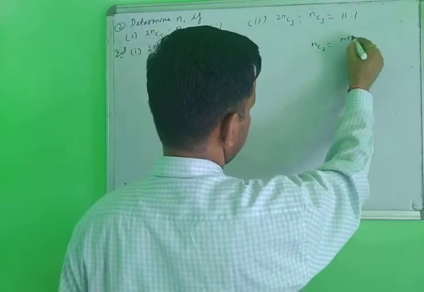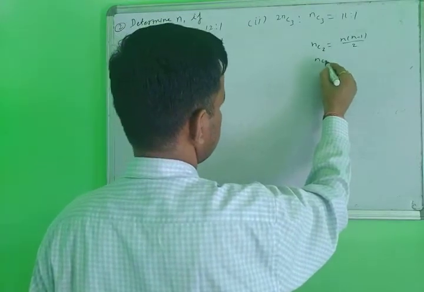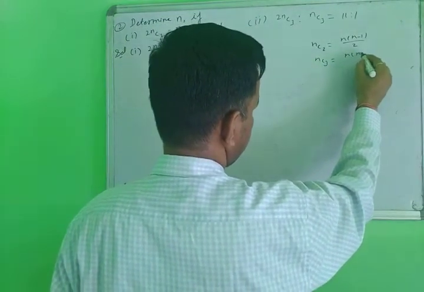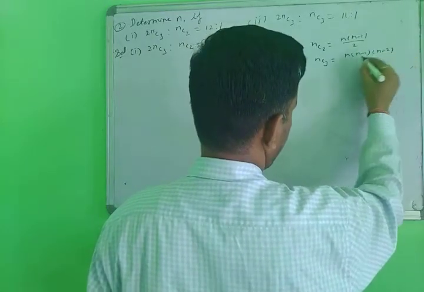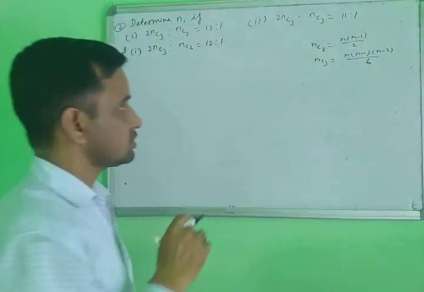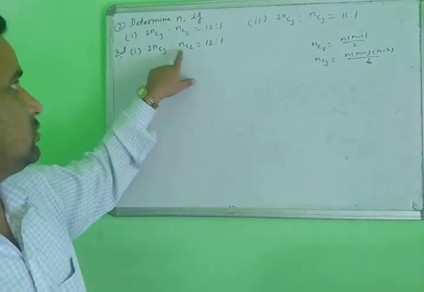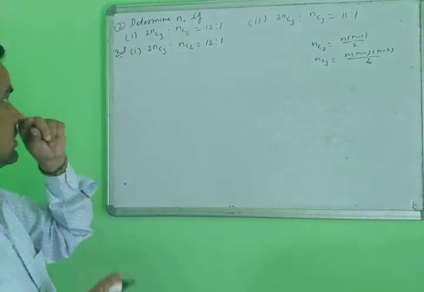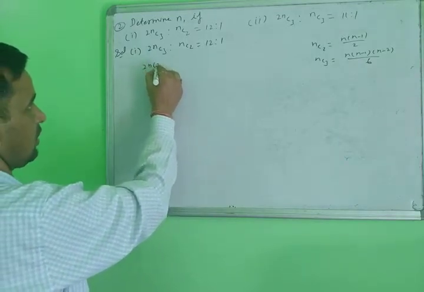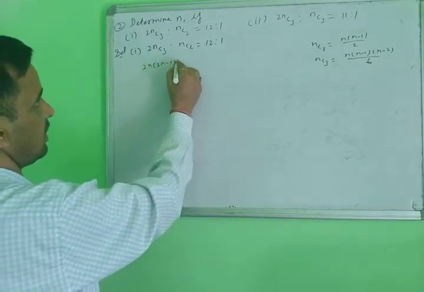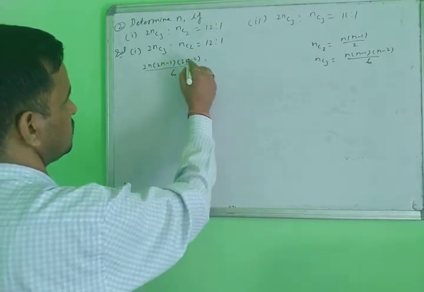nC2 means n(n minus 1) upon 2, or nC3 means n(n minus 1)(n minus 2) upon 6. These are the shortcut tricks for both nC2 and nC3. According to this identity, you will solve the first, 2nC3: 2n(2n minus 1)(2n minus 2) upon 6, ratio.